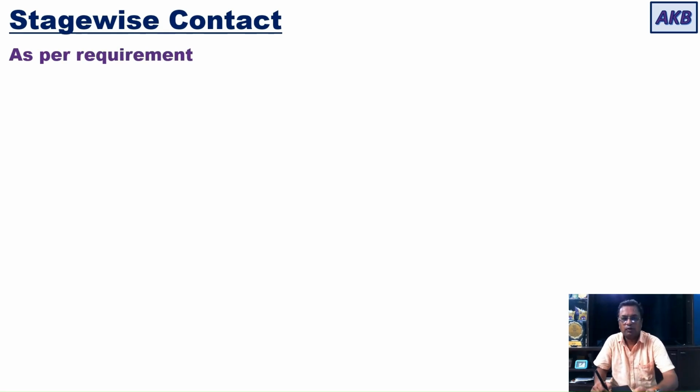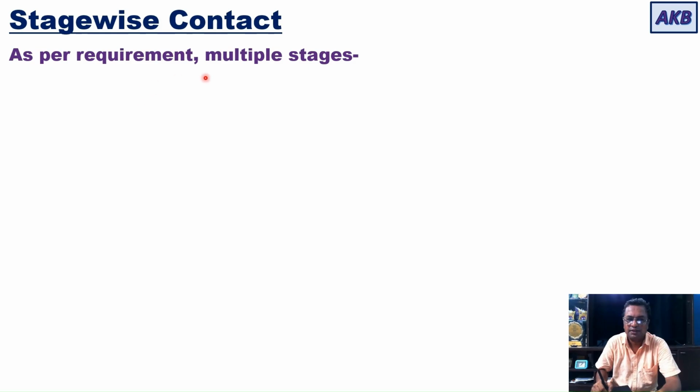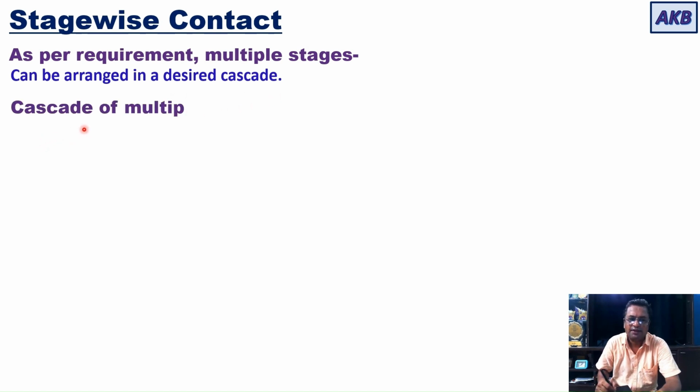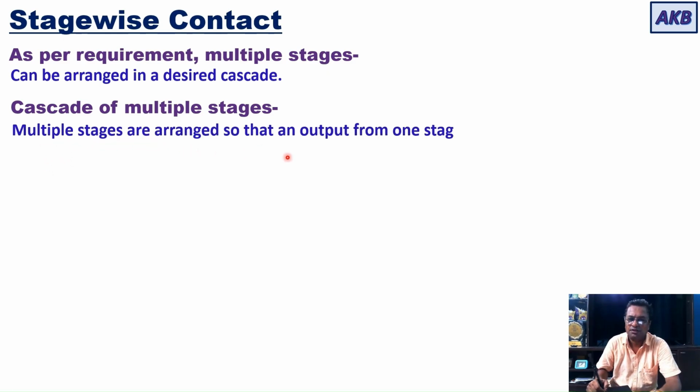Now, as per requirement, you can arrange multiple stages. The multiple stages in the stage-wise contact equipment can be arranged in a desired cascade. What is a cascade? It is nothing but an arrangement where multiple stages are arranged so that an output from one stage is an input to the next stage.